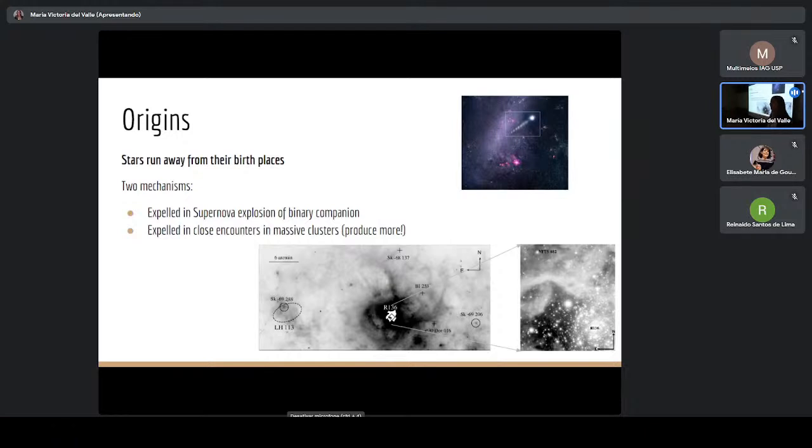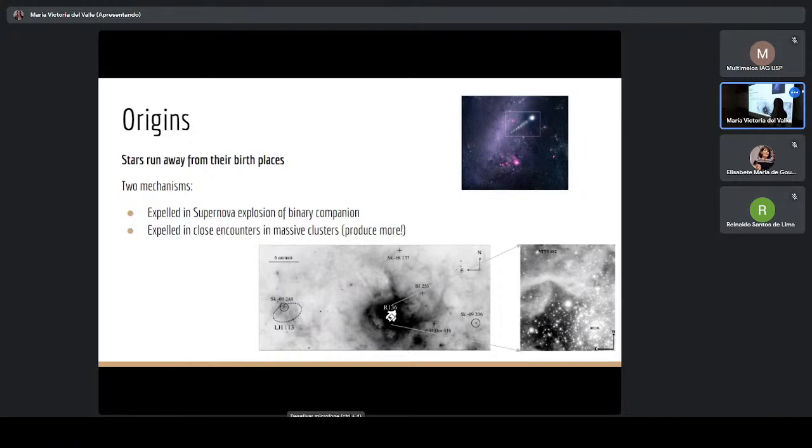We know that stars form all together, especially massive stars. So there are some runaway stars that we observe that are isolated. Then we check the velocity, and we realize they are moving very fast, and they are moving away from where they were born. There are two mechanisms that produce this type of star. One happens in a binary system when one of the members explodes as a supernova, and as a consequence, the other member acquires a very high velocity.